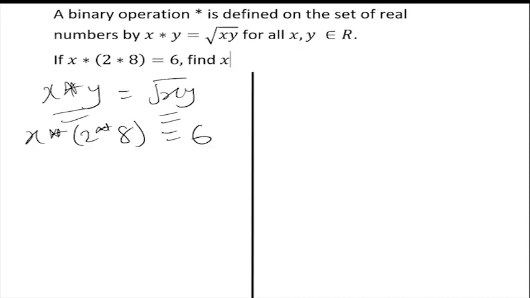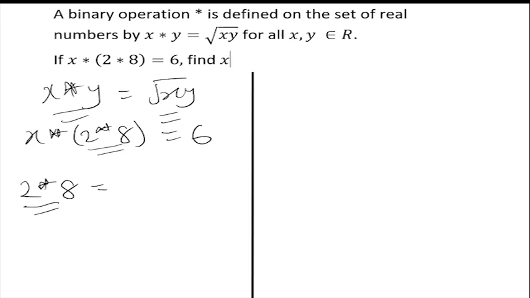And don't forget, the law of BODMAS states that anything in the bracket we should evaluate first. So we need to get the value of the operation in the bracket, which is 2 operating on 8. If I were you, I would compare this with the original operation that we were given.